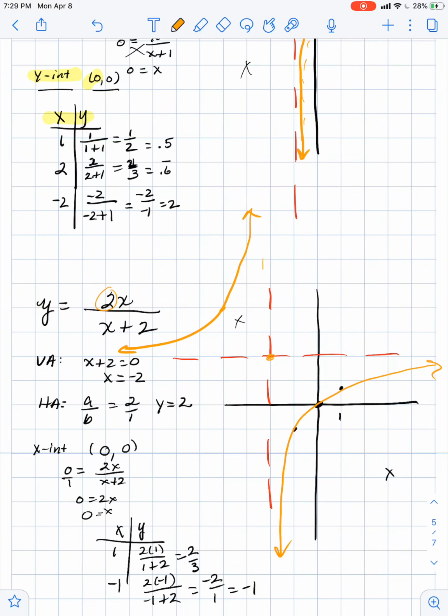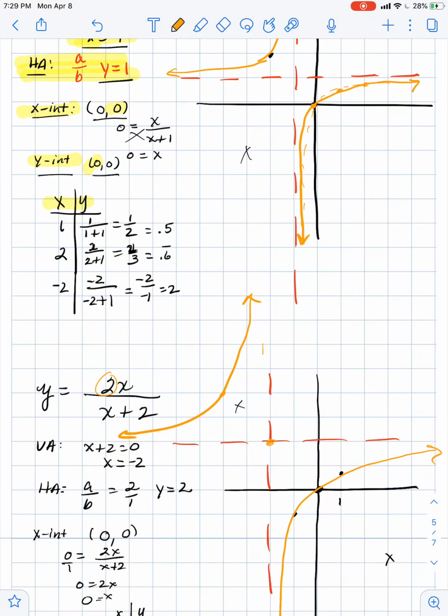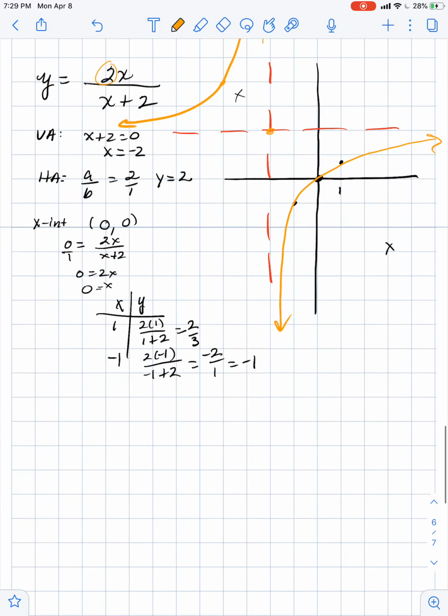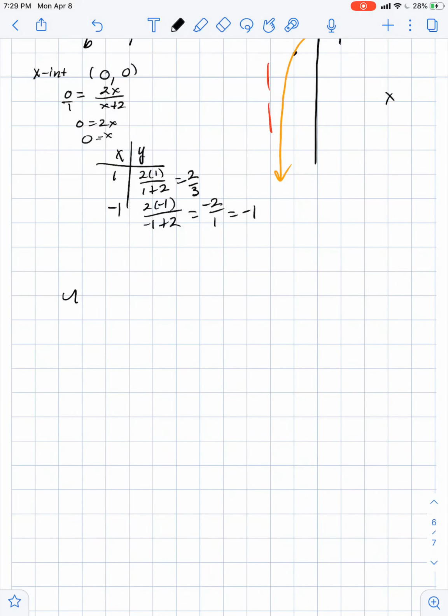Going back to what we were talking about, this is when you have x over x. So let's just do y equals ax over bx.